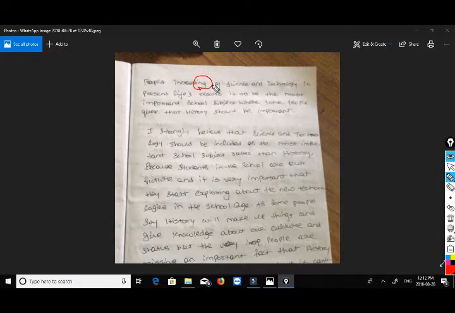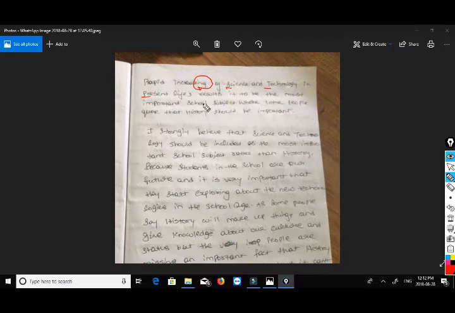So let us see where the candidate has written capital letters and where he shouldn't have written capital letters. So he has written rapid increasing of science and technology. So he has written S in capital and technology T in capital. In present life's results, even this P is considered as capital letter, and I will tell you why it is considered as capital letter in few minutes.